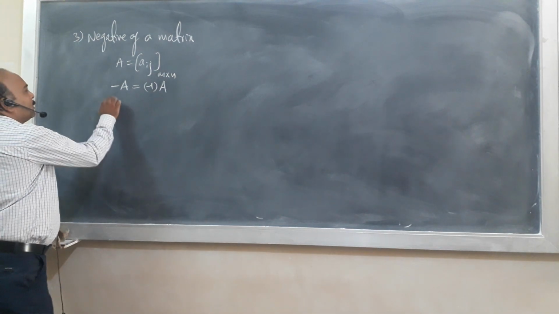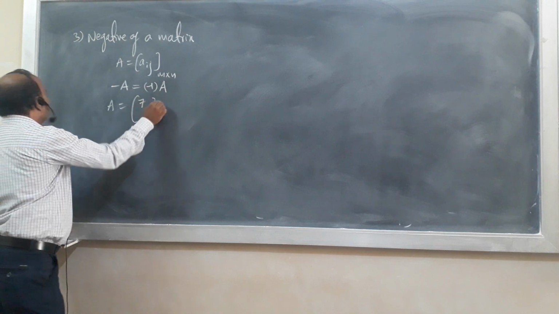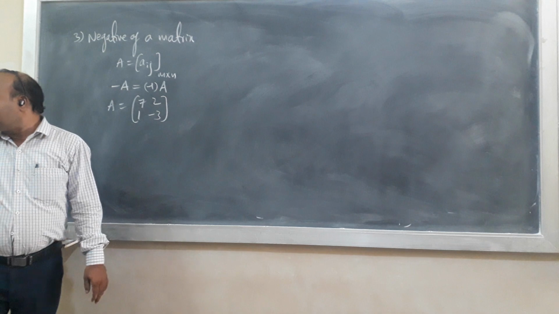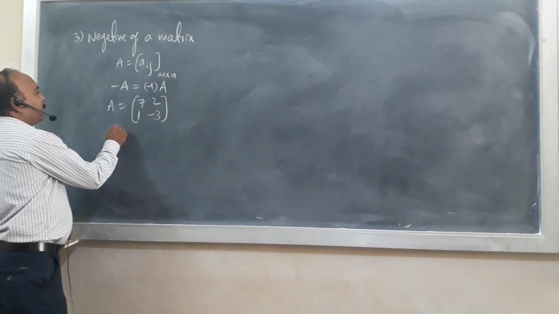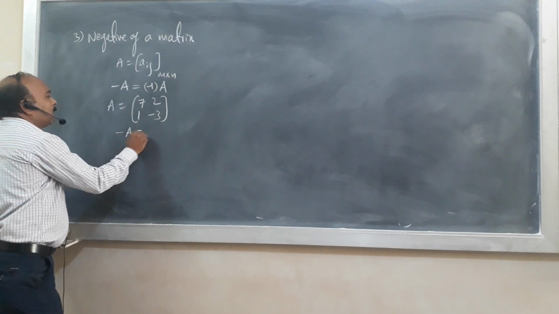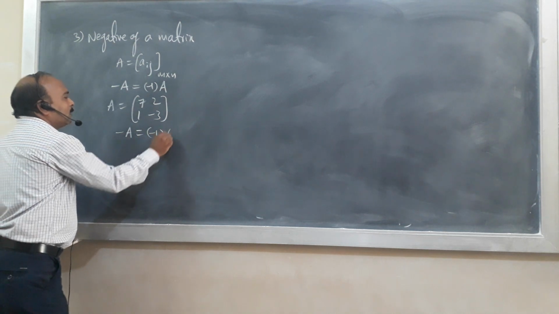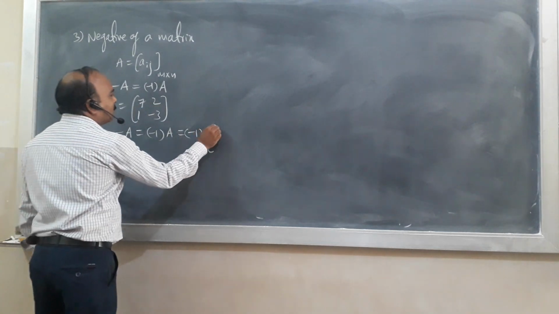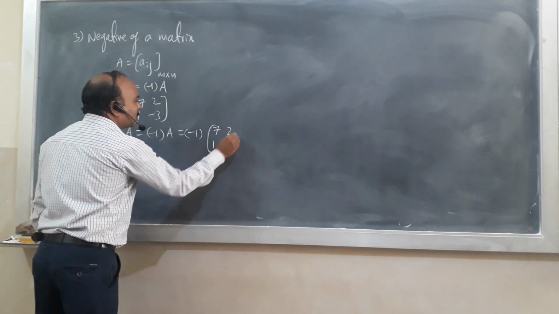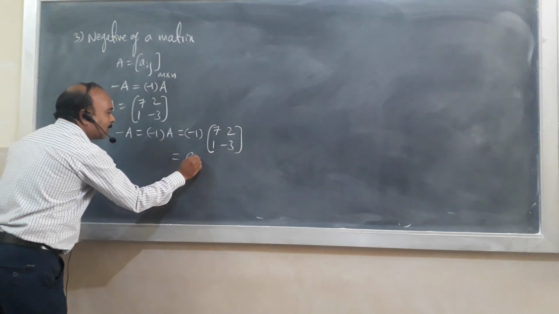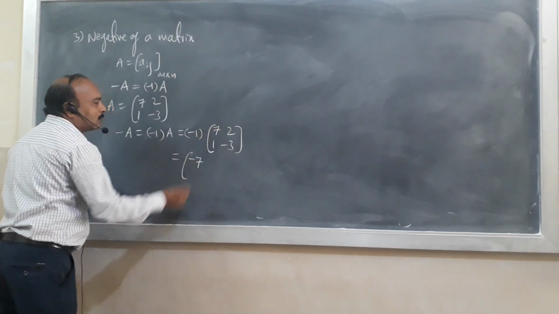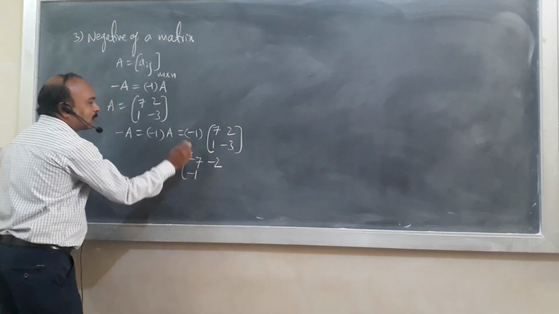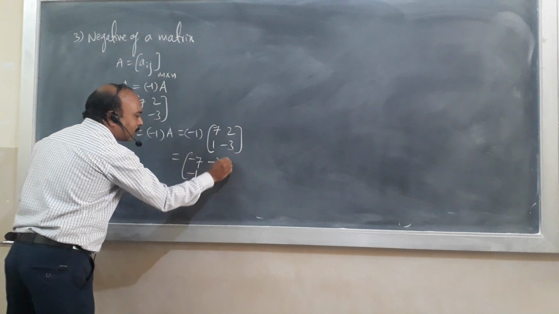For example, if A equals 7, 2, 1, minus 3 is a given matrix, then the negative of the matrix is defined as minus A equals minus 1 into A. You substitute the values 7, 2, 1, minus 3, then you get minus 1 into 7 is minus 7, minus 1 into 2 is minus 2, minus 1 into 1 is minus 1, minus into minus is plus 3.